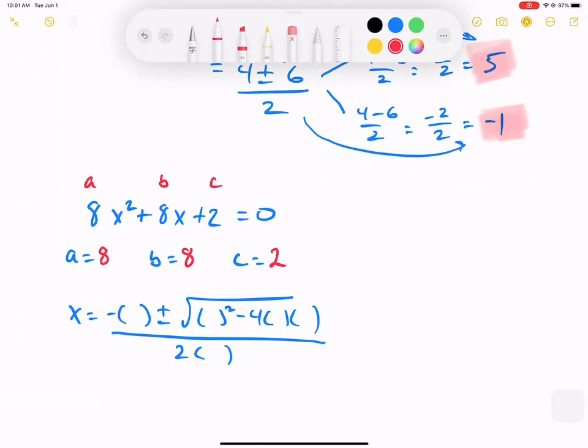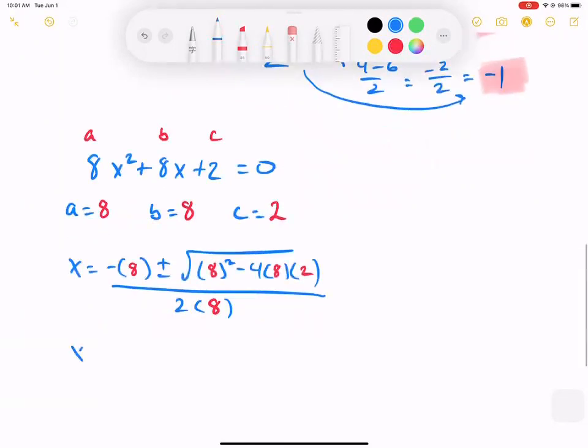Okay. So x equals negative b, which is negative 8, plus and minus square root of b squared minus 4ac, which is 8 again, all over 2a. We could go ahead and process this, but remember I have a little hint here.